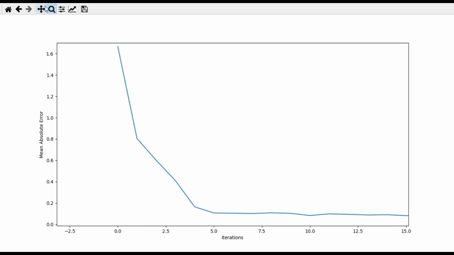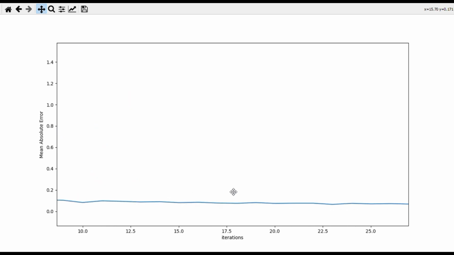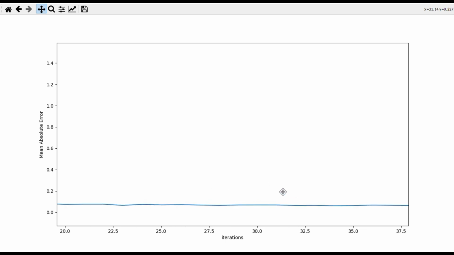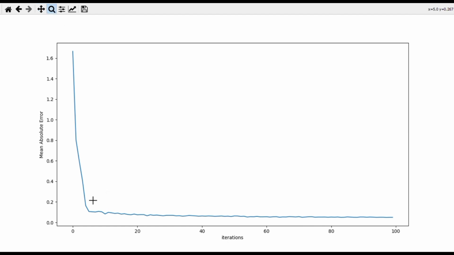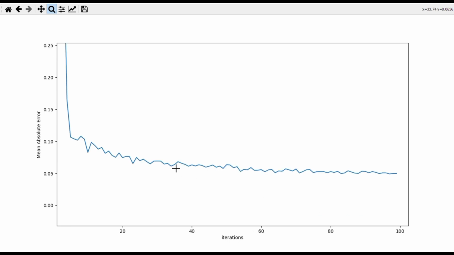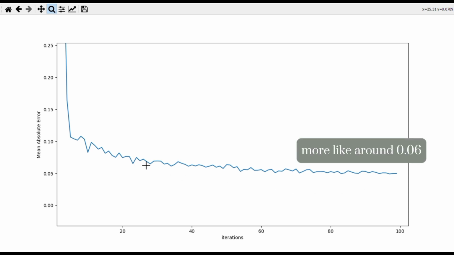At first the loss is around 1.6, a little bit more than that, but it takes only 5 iterations to get less than 0.2. And I guess the error since then fluctuated like that. Let's zoom in again, zoom out again, and if we look at this, yeah, the final MAE is around 0.1.